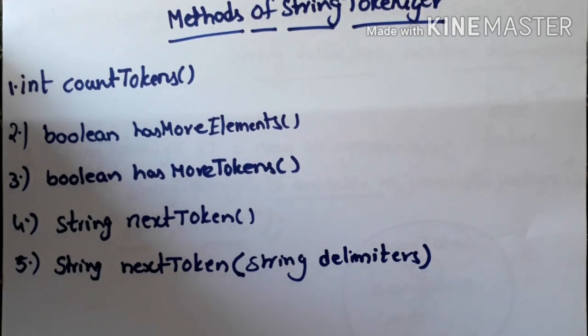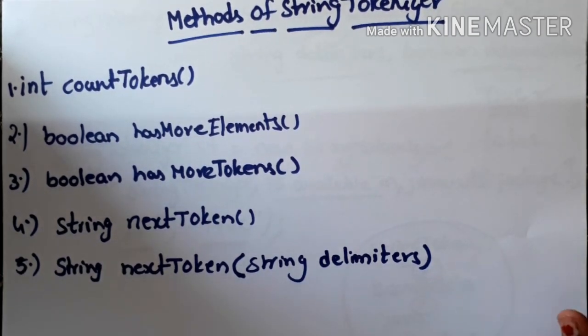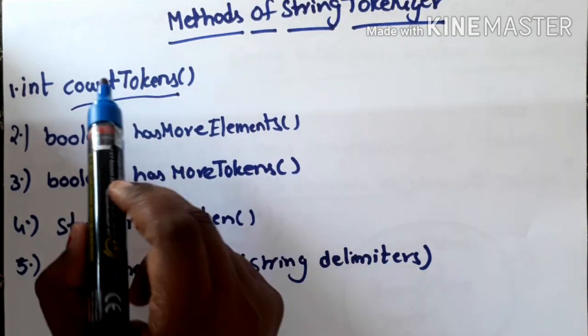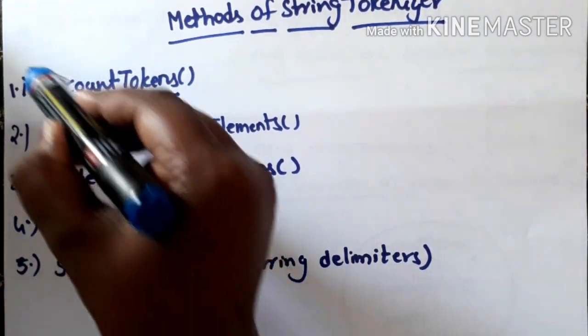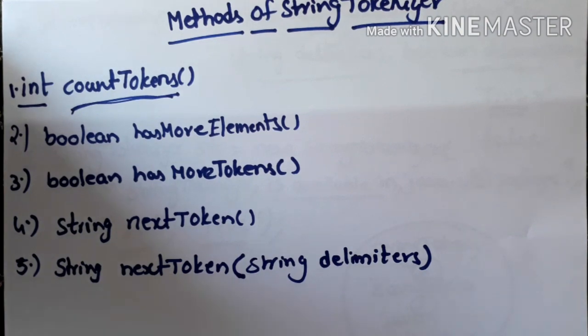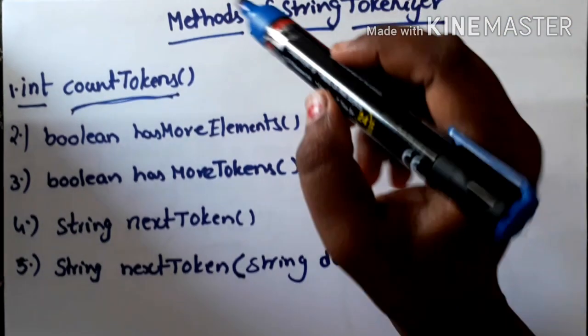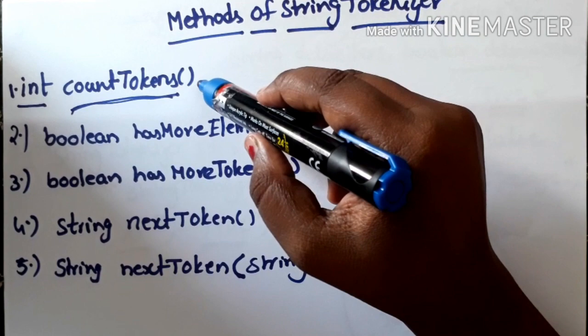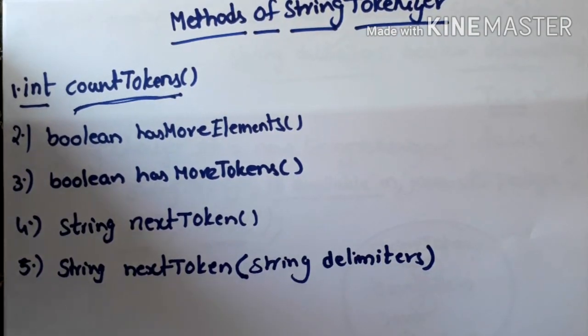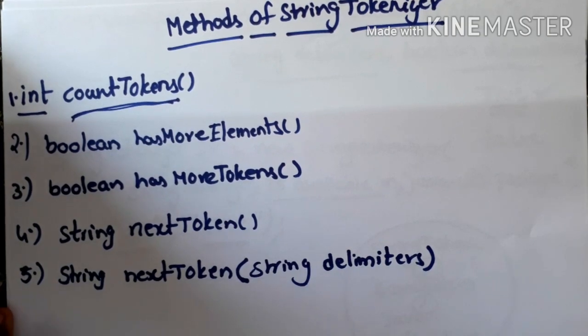Now let's see what are the various methods available in the StringTokenizer class. The first method available is the countTokens method. The return type of the method is int type. What is the purpose of this countTokens method? It is used to count the number of tokens available in the string.